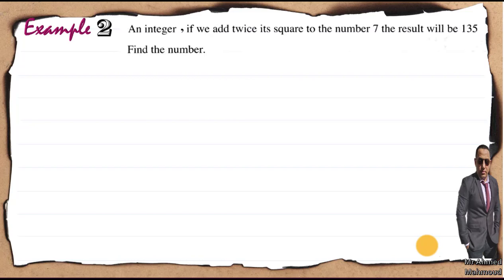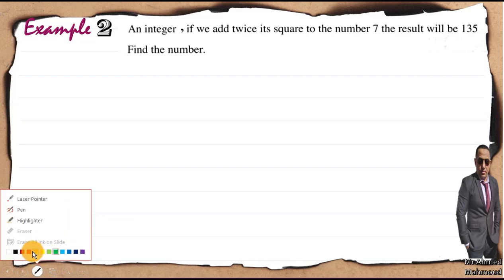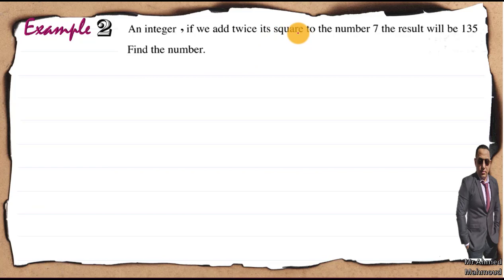Another example. An integer, if we add twice its square to the number 7, the result will be 135. Let the number be x.